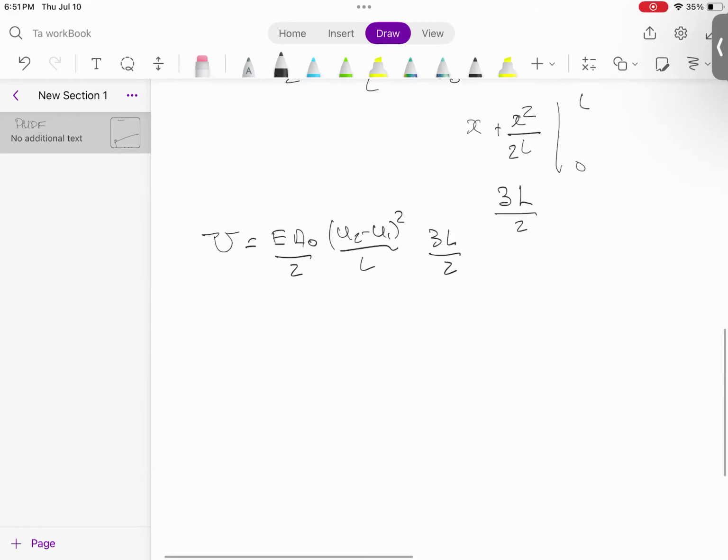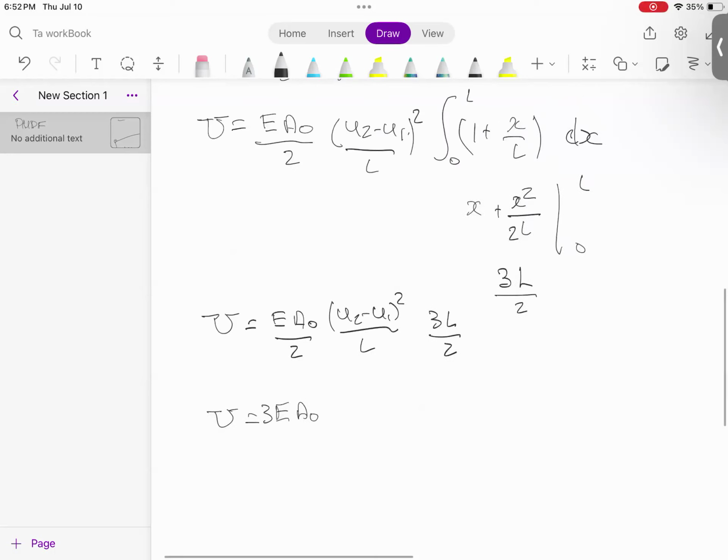And when we combine all the terms, we say the minimum energy in the system is 3 E A naught. Is that right? Oh, yeah, 2L. Checking the math. 3L over 2.